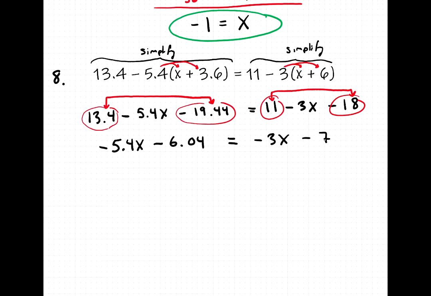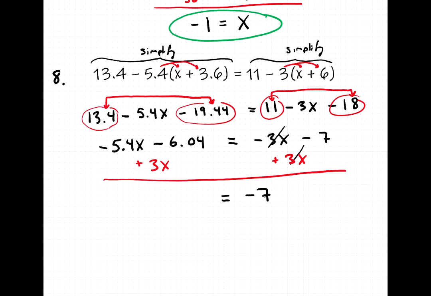All right, so now we can start thinking about moving the x's all to the same side. So if you want, we could add 3x's to the right, which means we have to add 3x's to the left. By adding those 3x's to the right, we have a negative 3x, a positive 3x, they cancel. So we're left with the negative 7 on the right.